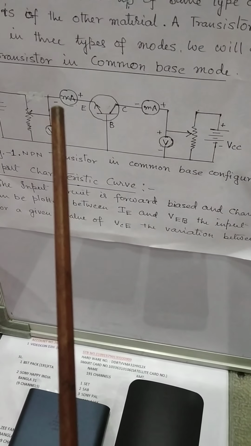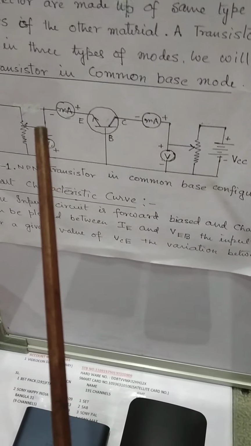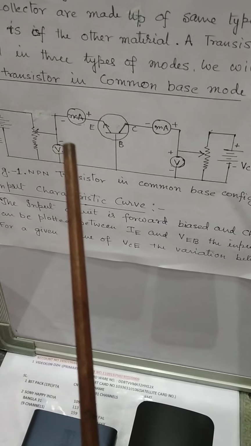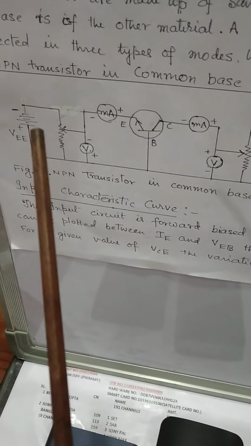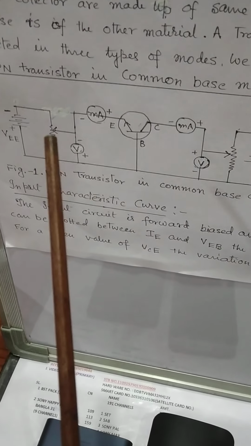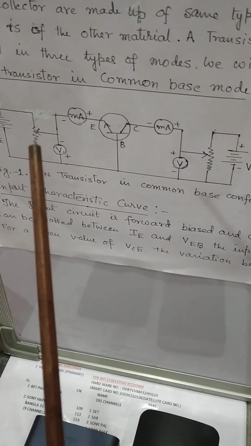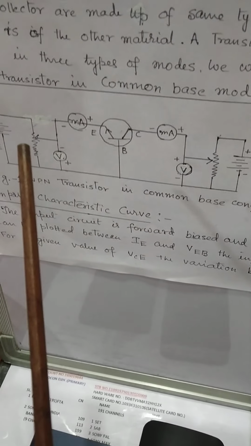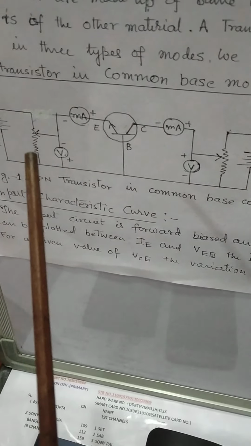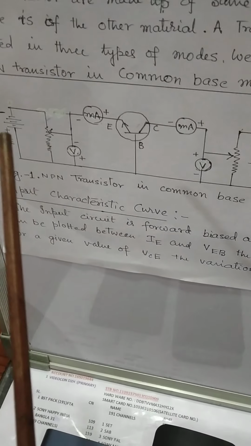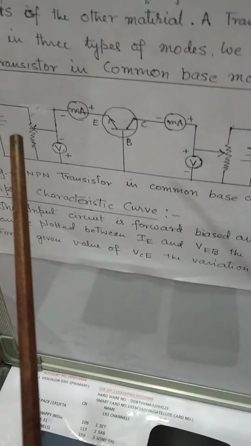One milliammeter is connected with the emitter and for measuring the voltage, a voltmeter is connected. There is one rheostat, or a potential divider can be used to vary the voltage of the battery.